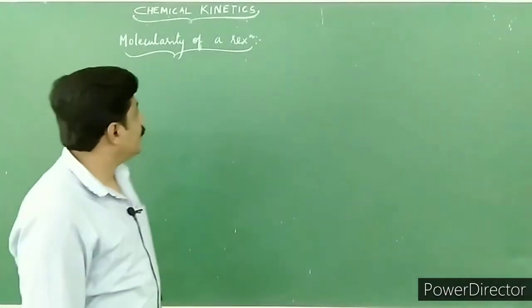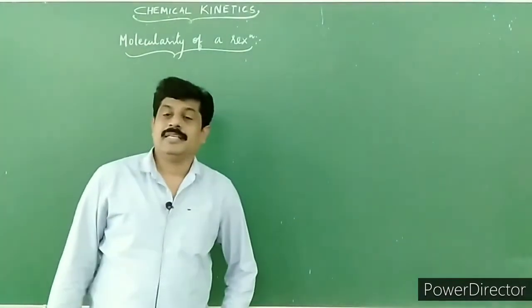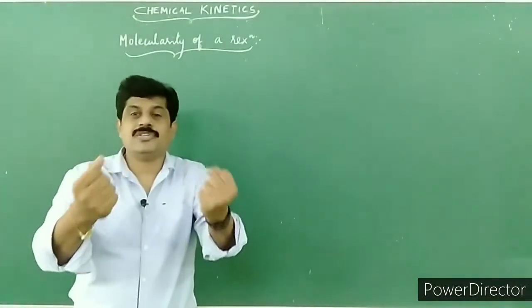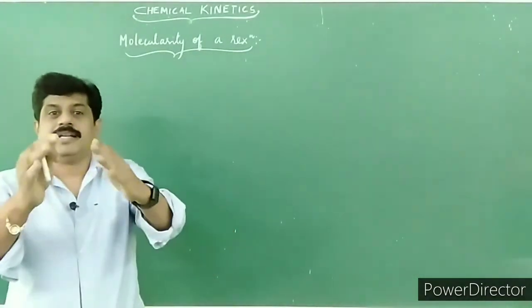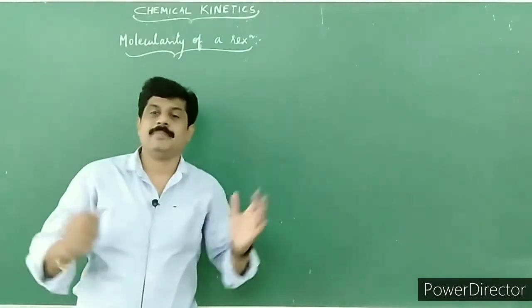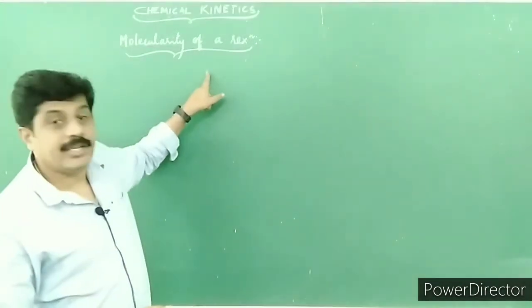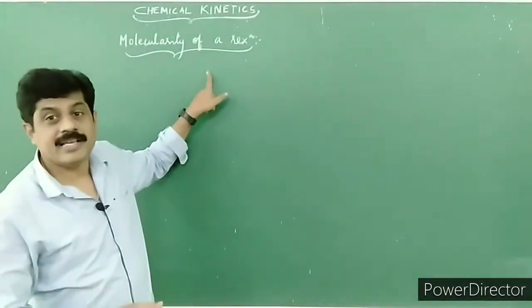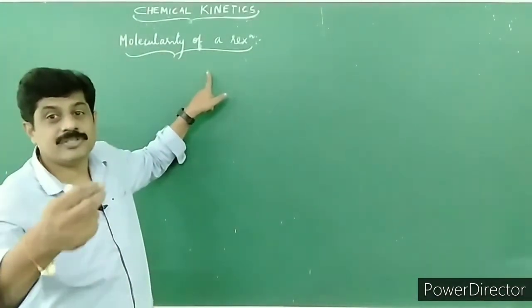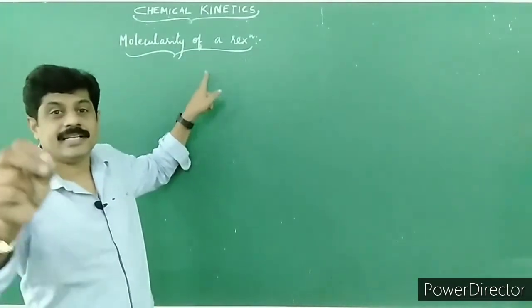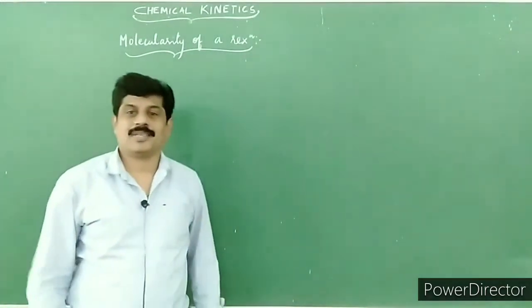Children, molecularity of a reaction can be defined as the number of reacting species that must collide simultaneously in a chemical reaction. I repeat again, molecularity of a reaction is defined as the number of reacting species or reactant molecules that must collide simultaneously in a chemical reaction.